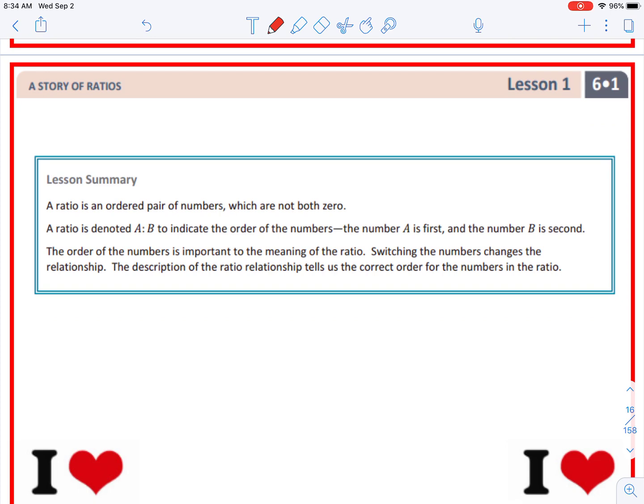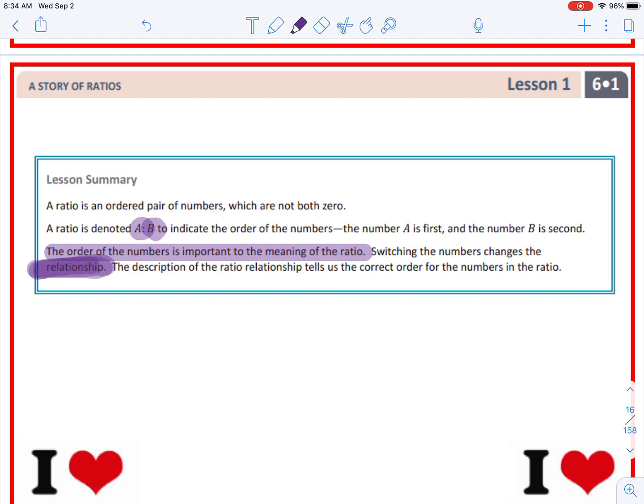All right, guys, lesson summary: a ratio is an ordered pair of numbers which are not both 0. A ratio is denoted A to B to indicate the order of the numbers. A to B is just telling us that A goes first, B goes second. The order of the numbers is important to the meaning of the ratio, and we've been discussing that a lot. Switching the numbers changes the relationship.